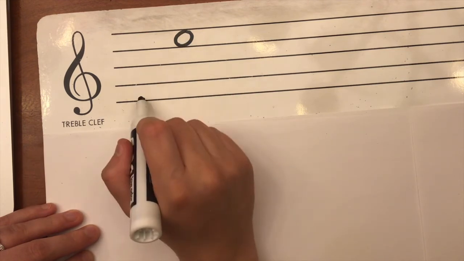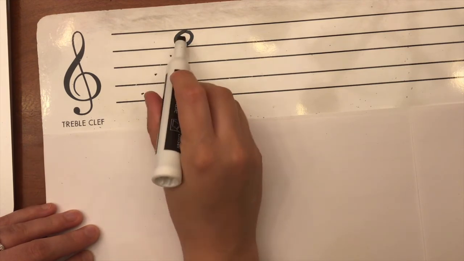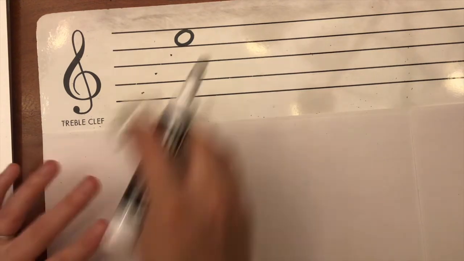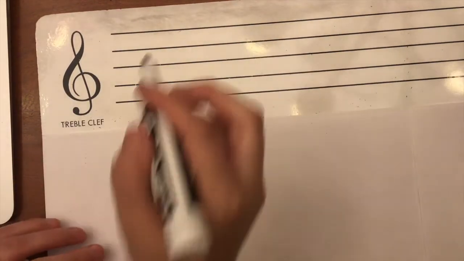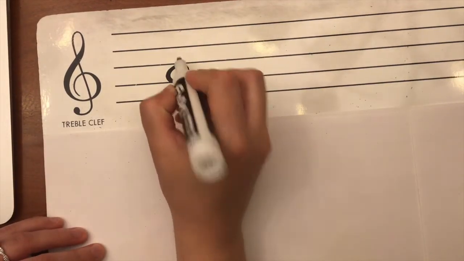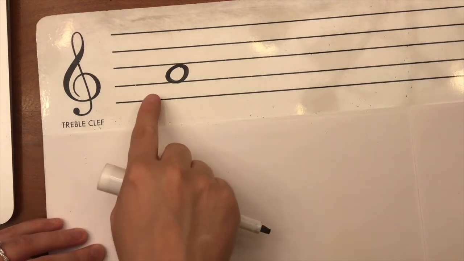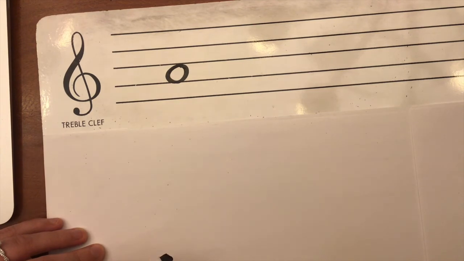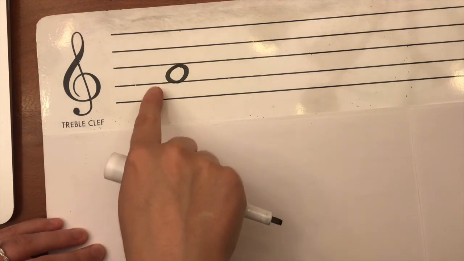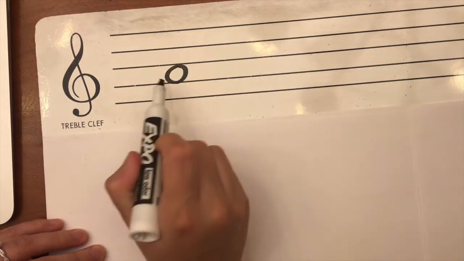Let's try counting up together. F-A-C-E. So that note is E. And last one. And we got, if you answered A, you are correct. Let's count up together. F-A-C-E. So that is A. Nice job.